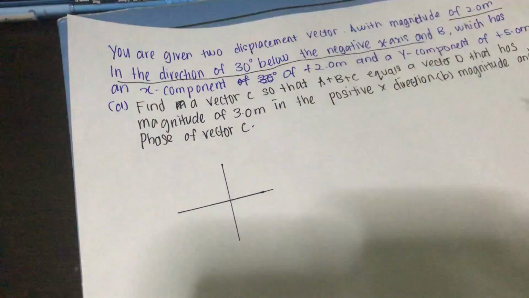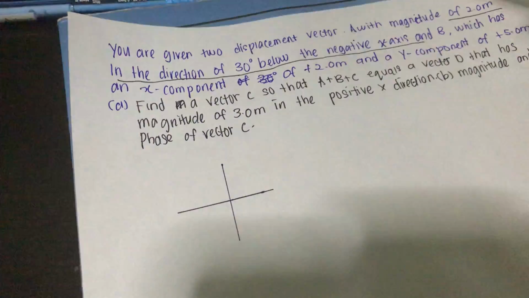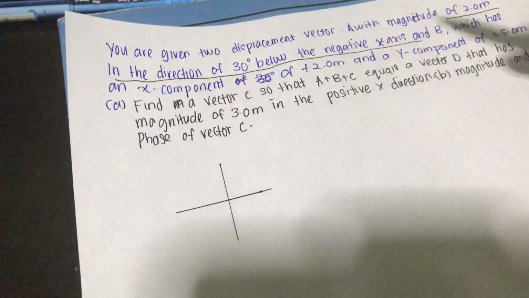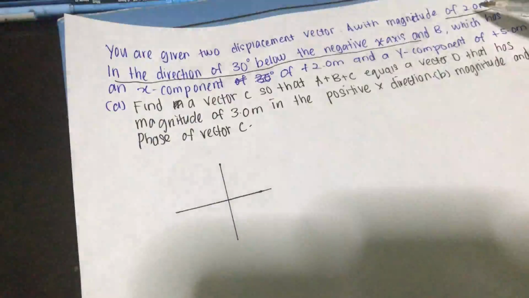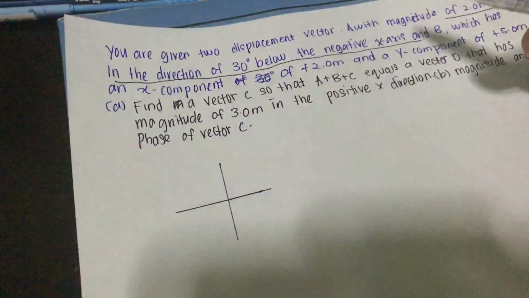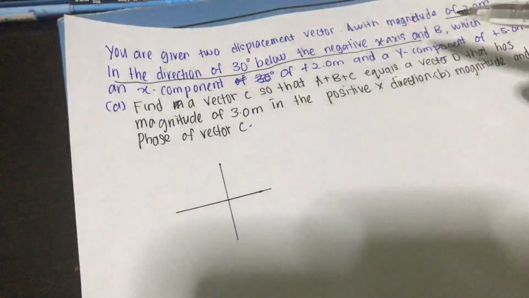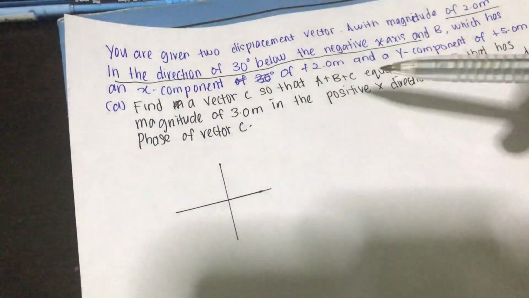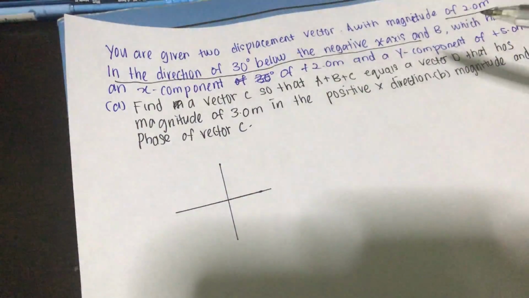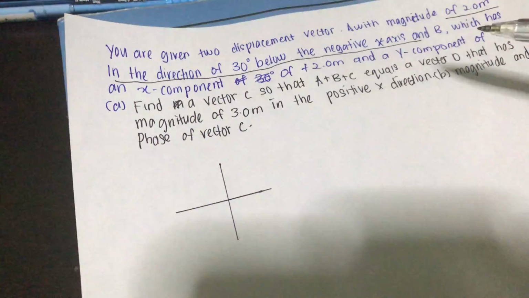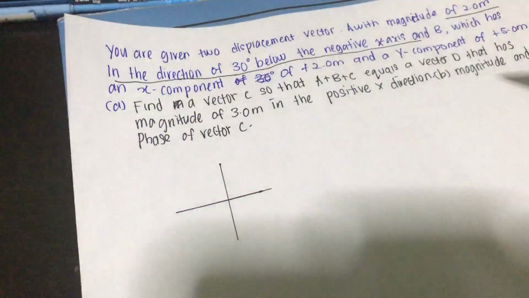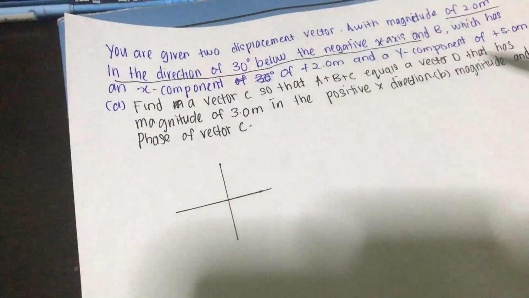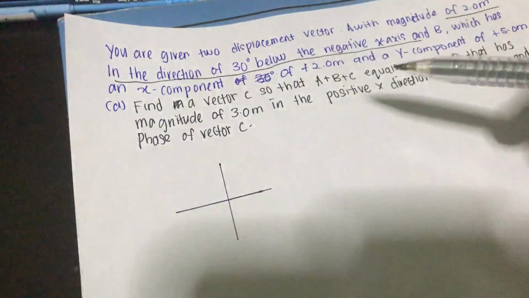You are given two displacement vectors: A, with a magnitude of 2.0 meters in the direction of 30 degrees below the negative x-axis, and B, which has an x component of plus 2.0 meters and a y component of plus 5.0 meters.